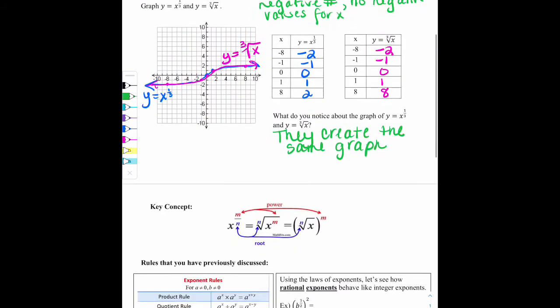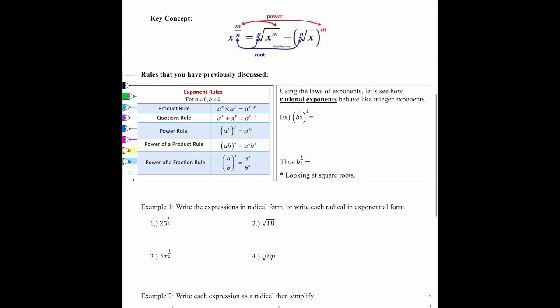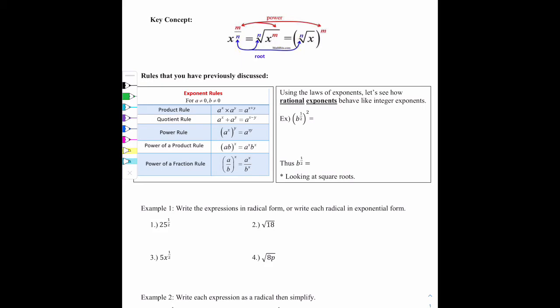So now let's get into our key concept as to why this is happening. Writing something with a radical and writing something with an exponent that is a fraction are similar to each other. They mean the same thing. When you're looking at this diagram, whatever number is in the top of the fraction in the exponent position is the same number that should be on the x underneath the radical symbol.